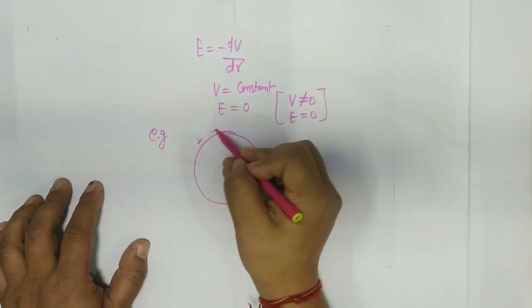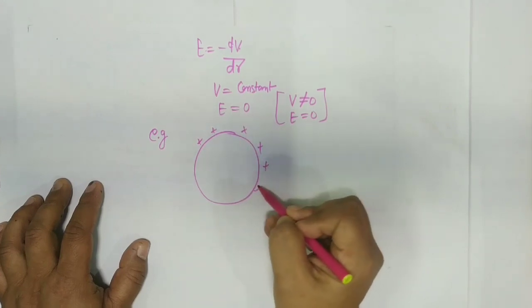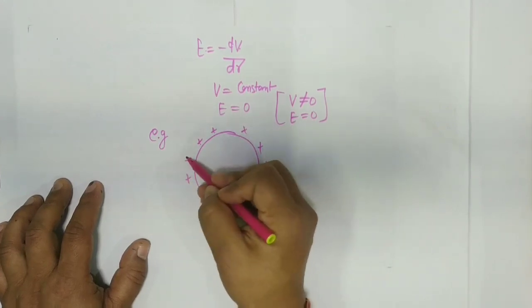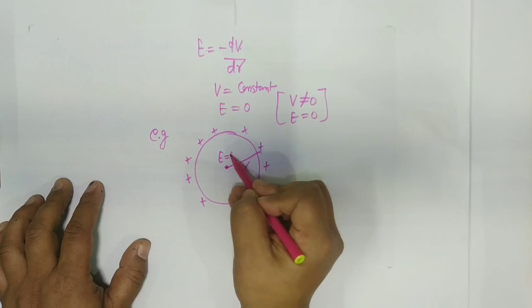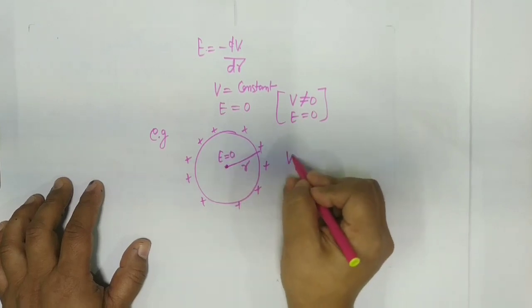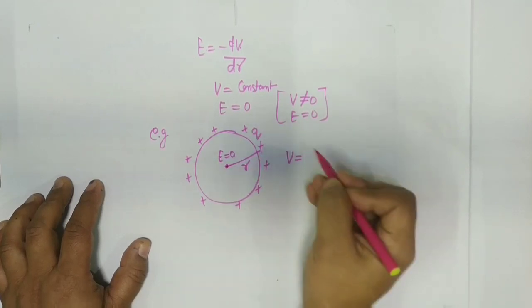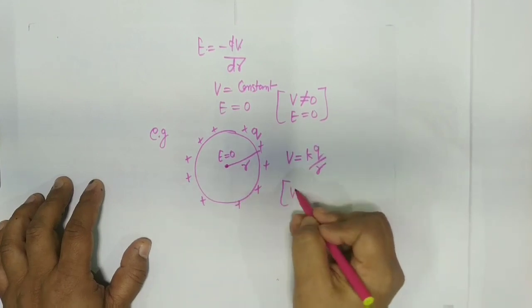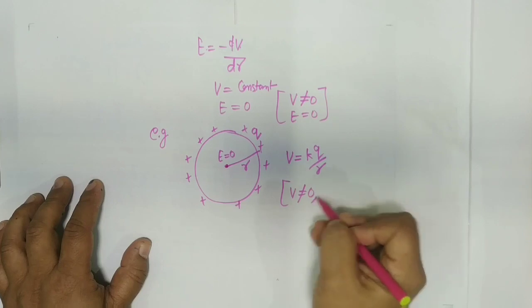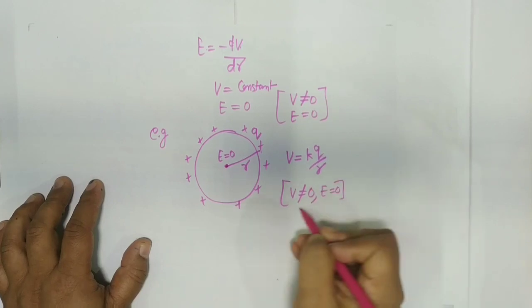This is a charged spherical shell. Very interesting thing is that if I ask you what is the electric field at this point inside, remember it was 0. But do you know what is V? If the charge is Q, it is KQ by R.